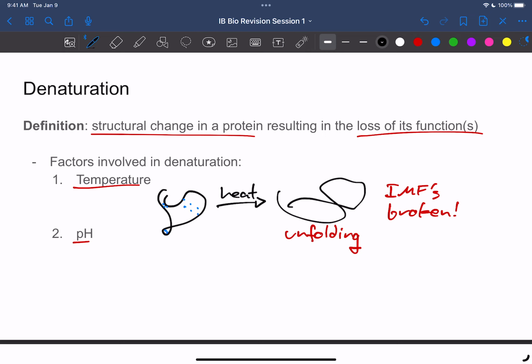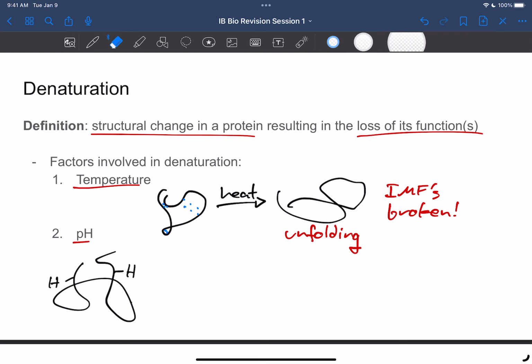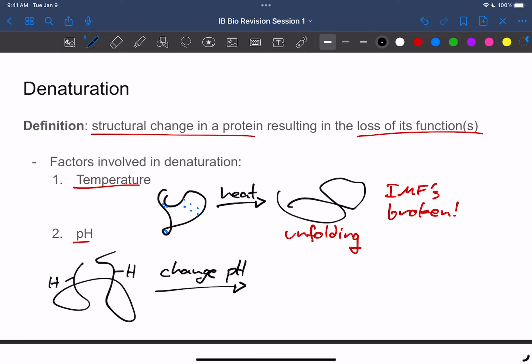Next, we have pH. This one is a little more specific. So proteins and enzymes have active pHs. And this just means, let's say this is a protein. Some of them may have protons or not. Some of them can be acidic or basic, and the pH affects how protonated they are, how many protons they have. And this affects its structure because some of it allows it to have specific interactions. Let's say we change the pH. Make it more acidic, for example.